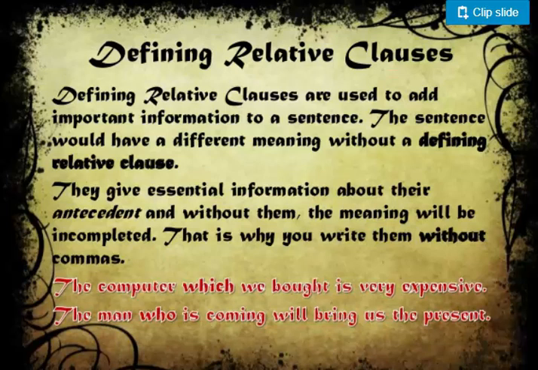So who is the person? We don't know if we don't use "who is coming." If we don't say that the man who is coming is giving the present, we can't say whose man this is, right?